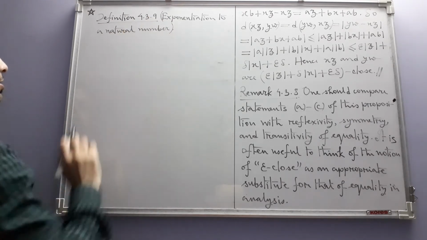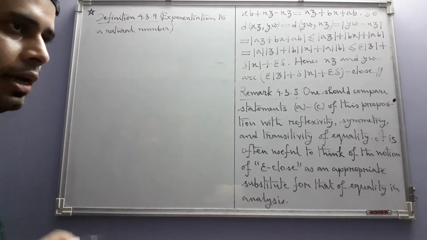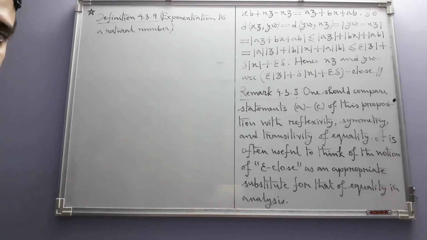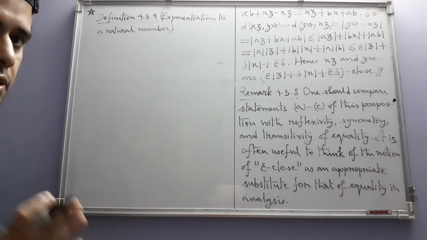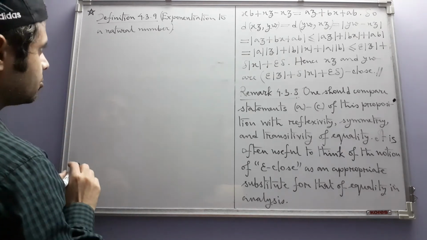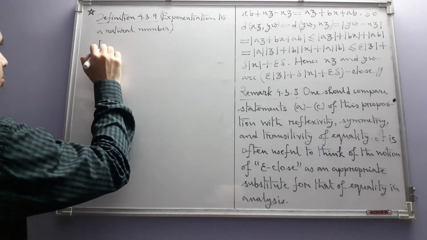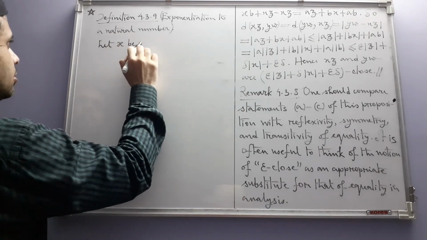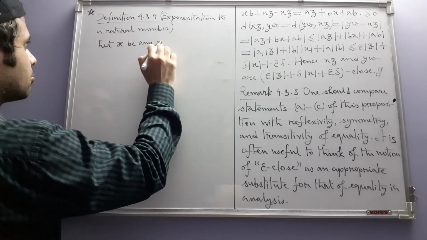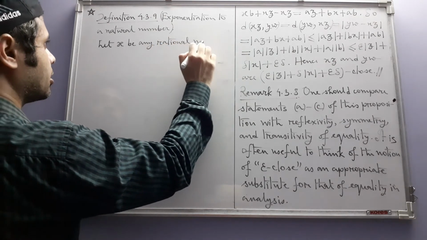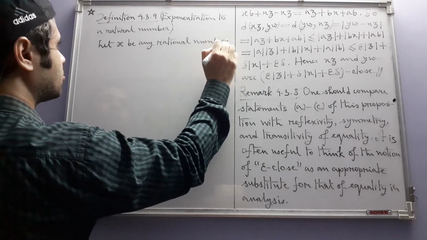That means in this definition we are going to define x to the power n, where x is a rational number and n is a natural number. The exponent is a natural number. And the definition goes like this: let x be any rational number.